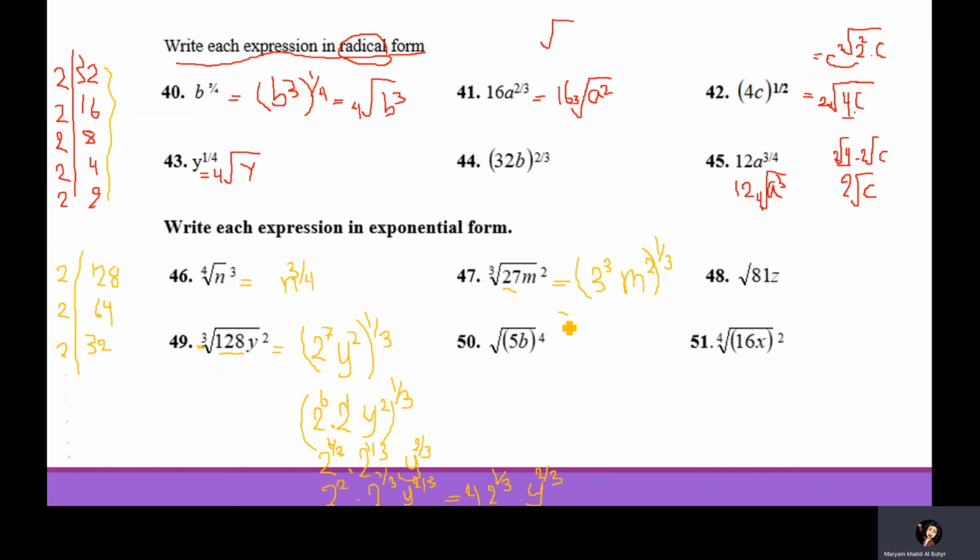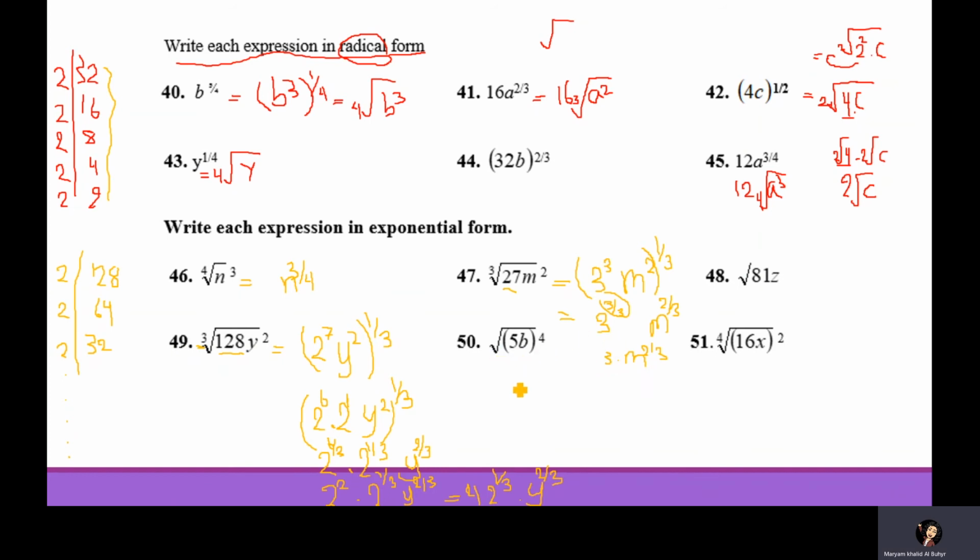Then that's equal to, once you distribute the power, 3 to the power 3/3, m to the power 2/3. So you know what is this? That's 1. So that's a 3. So organize your work and say that is 3 to the power 1, times m to the 2 over 3.